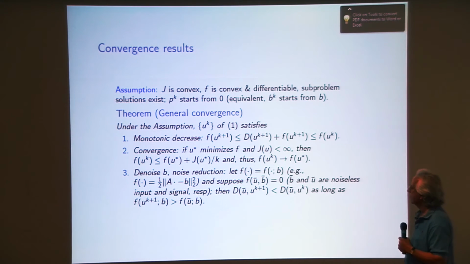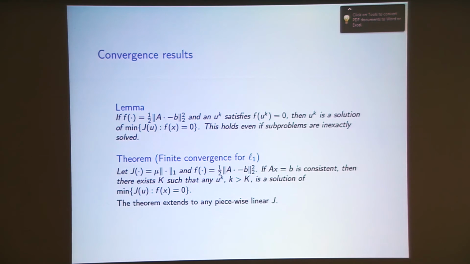Okay, it's a little bit off. But anyway, this tells you when to stop when you're doing denoising this way. And there's a finite convergence for L1 result, which is nice to have, but it's just a mathematical thing because it doesn't give you a complexity estimate. But at least it's special to L1.